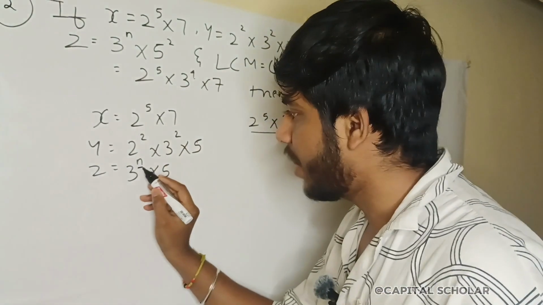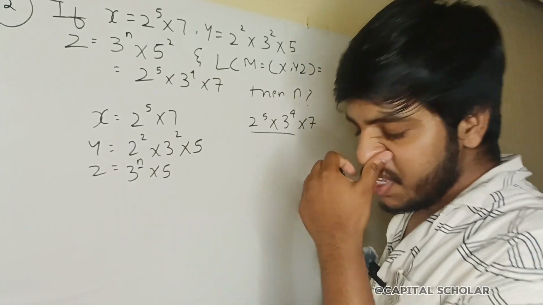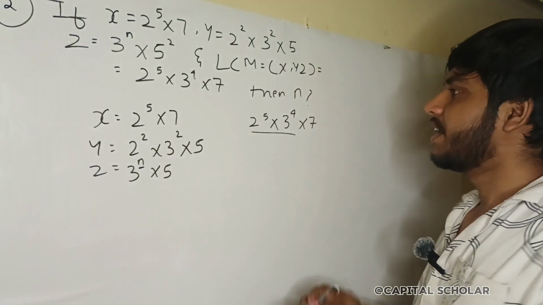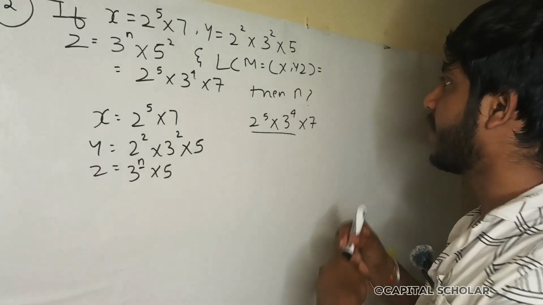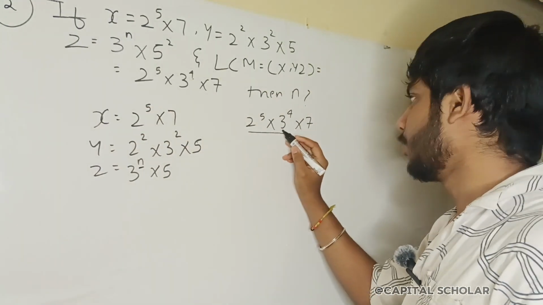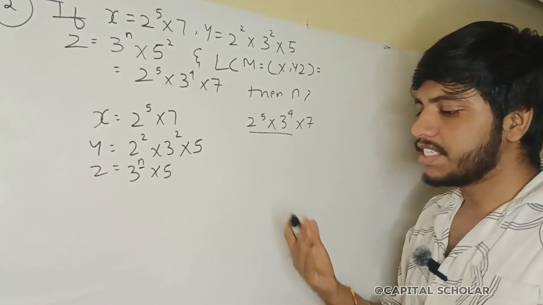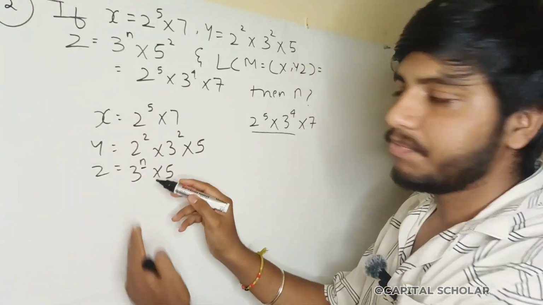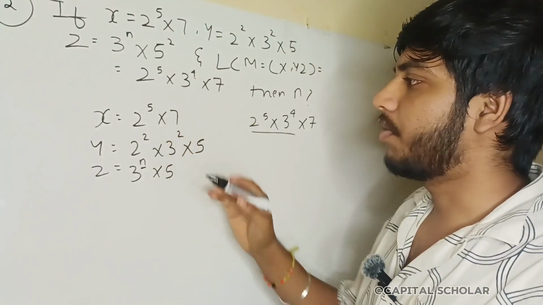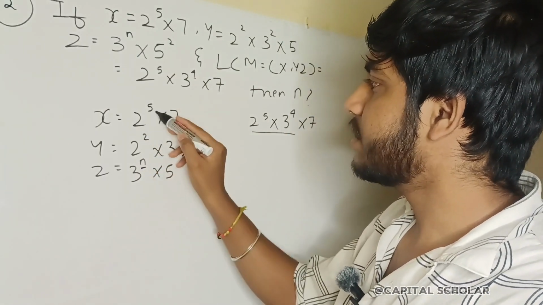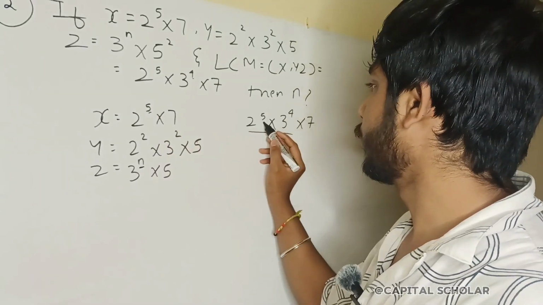In z you can see they haven't given the value of n, so we have to find it. Here they have given the LCM of x, y, z as 2 to the power of 5, 3 to the power of 4 and 7. How is LCM found? We find the common factors and take the highest. Here the highest of 2 is 2 to the power of 5.